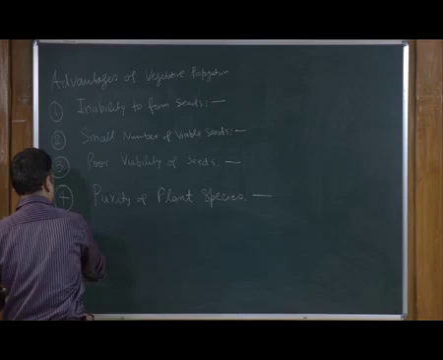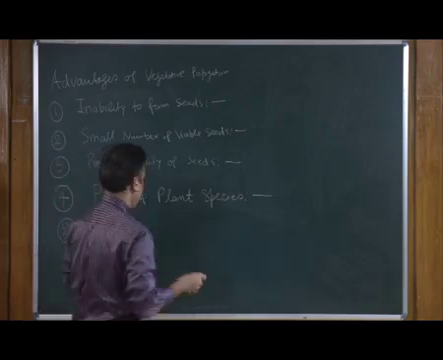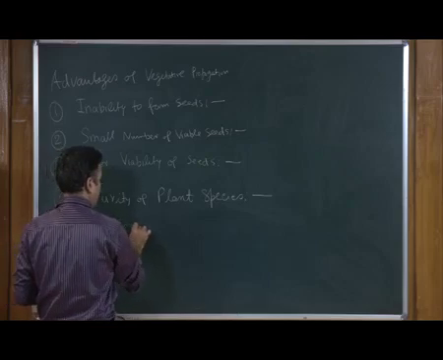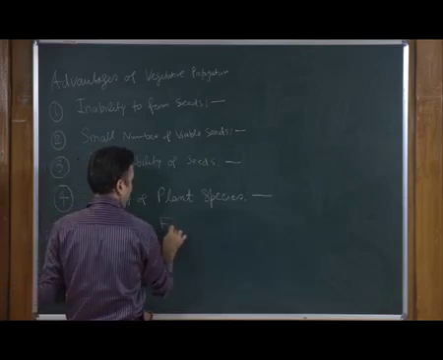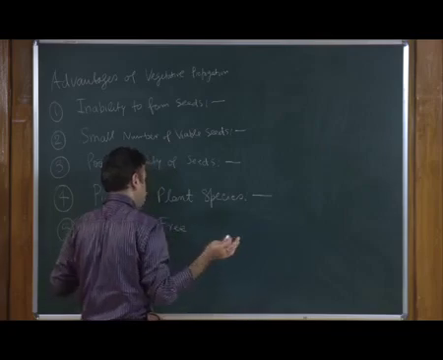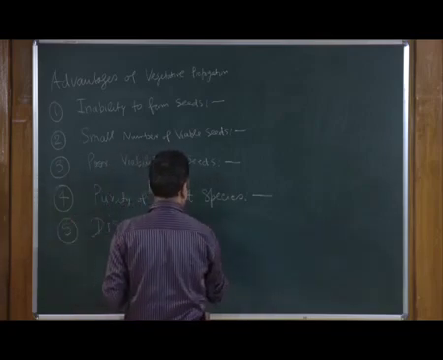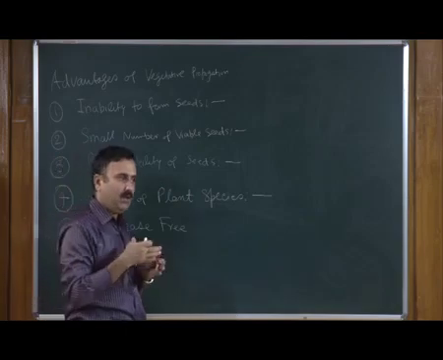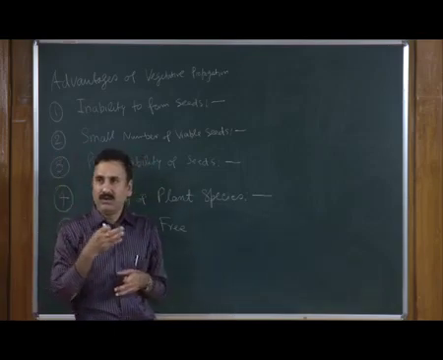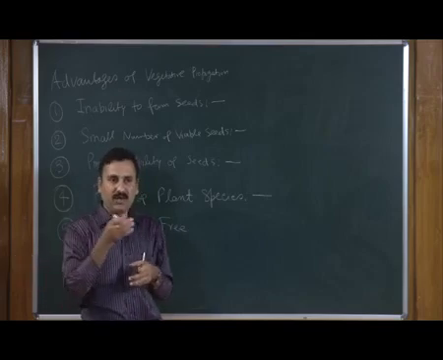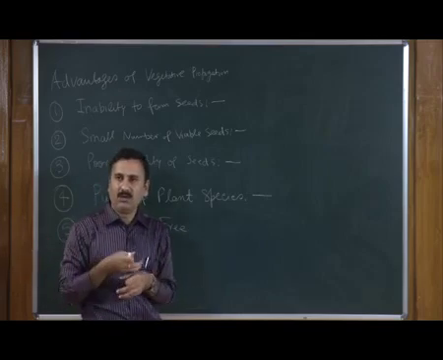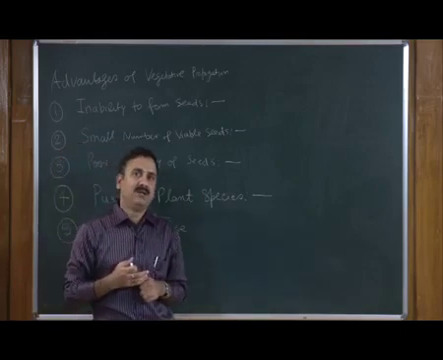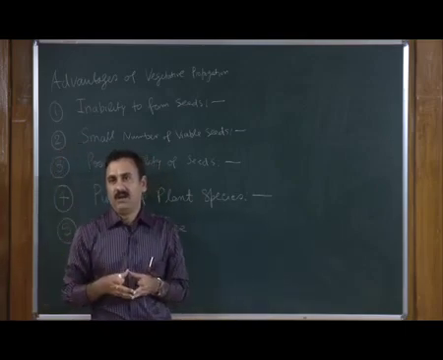Number 5, with the help of plant tissue culture, you can generate thousands or millions of plants in a very short period of time. It is not as per the life cycle or developmental cycle of the plant. You can take the plant, inoculate it into thousands of test tubes, and get thousands of plants in a very defined time frame.